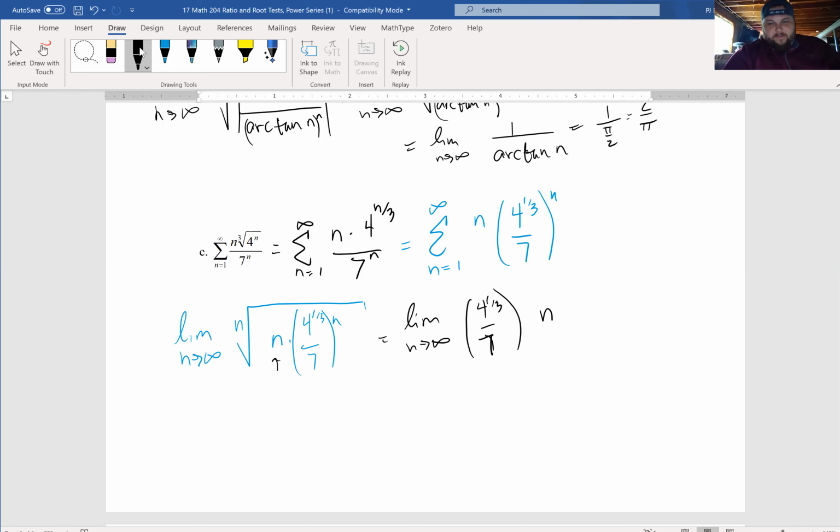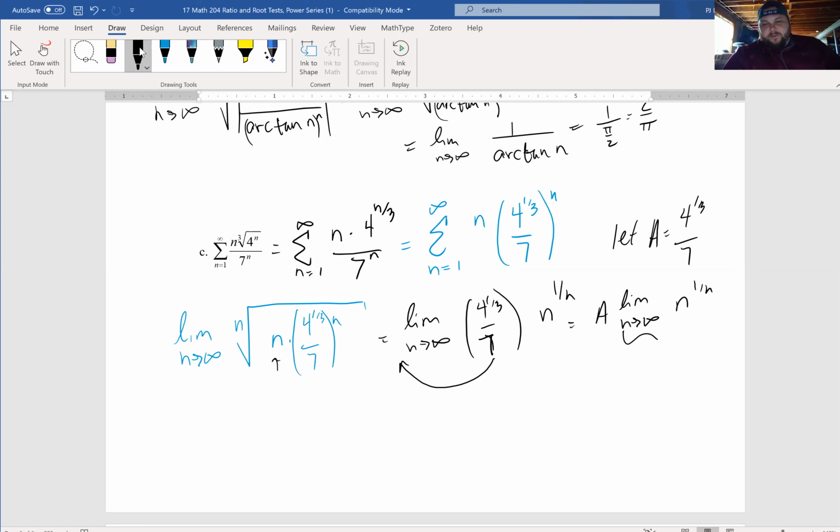And then we have n to the nth root, or 1 over n. Okay with that? All right. I'm going to throw this number out in front. And actually, I'm just going to say, because I don't feel like writing it, let a equal that, just some constant. So this is now the limit as n approaches infinity of n to the 1 over n.